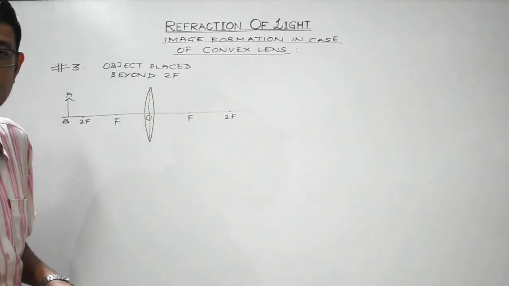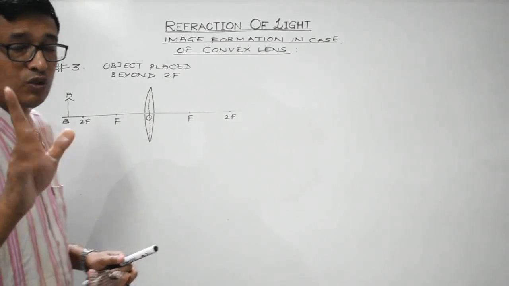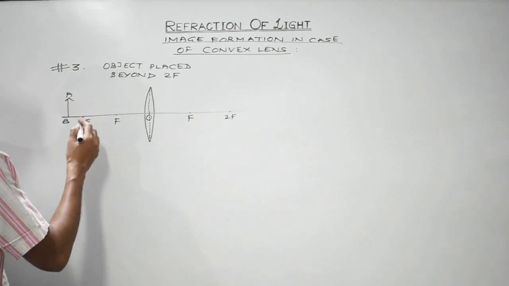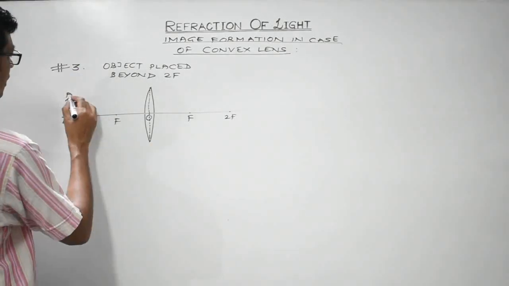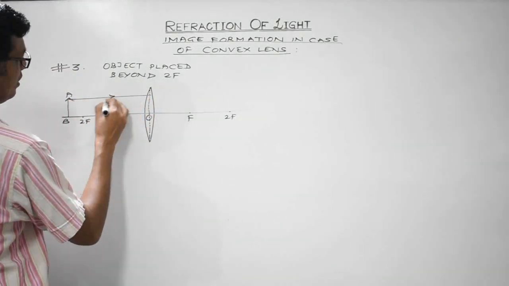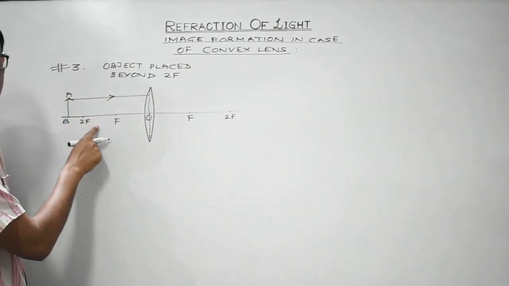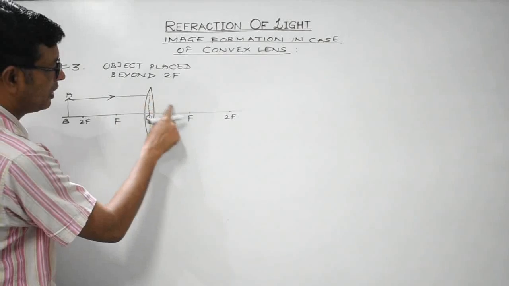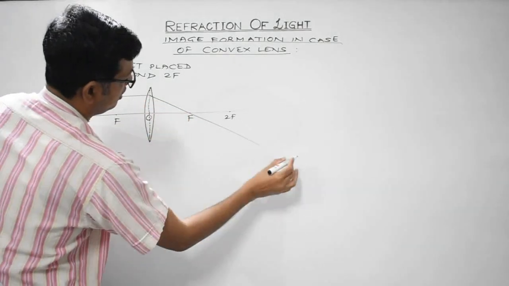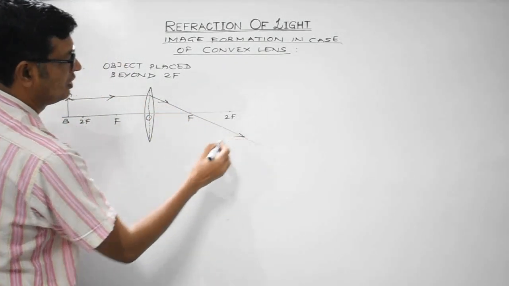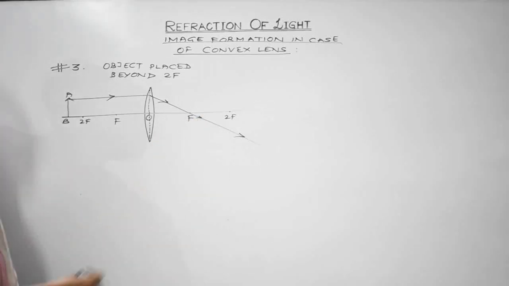So let's make use of the rules, students. There are 3 rules as stated, and any 2 rules can be used. First rule is: incident ray parallel to the principal axis, after refraction, will pass through the focus. Is it clear, students?